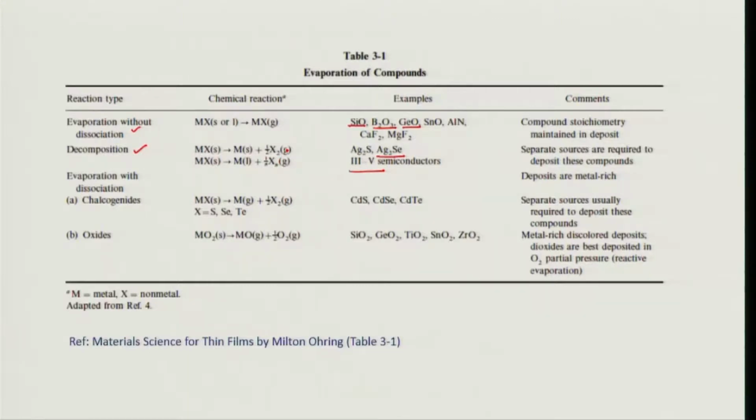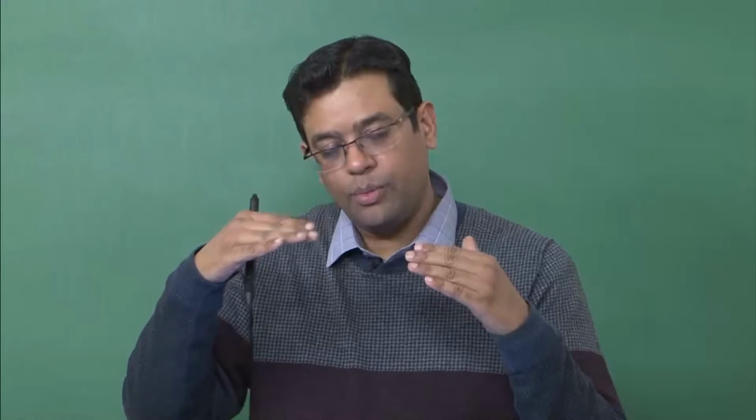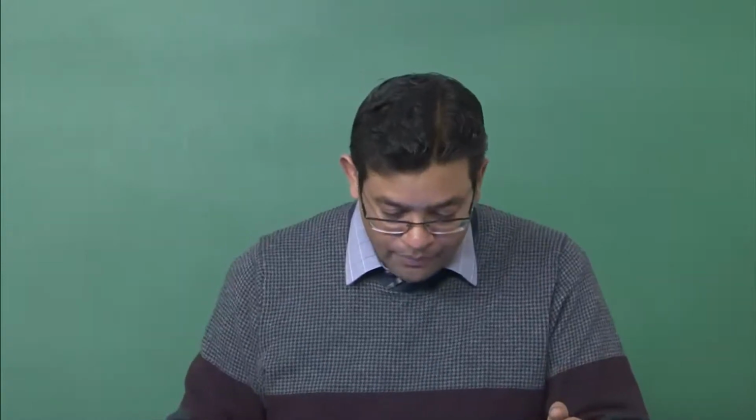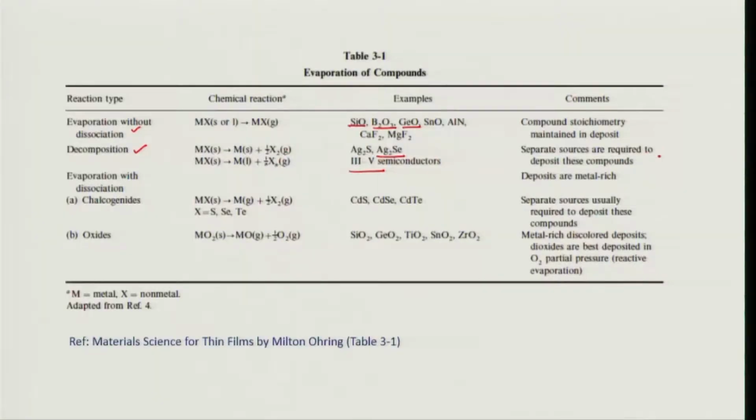So, the gas part is separate and the solid part is separate, and both have different evaporation rates. Okay. So, you will not get the deposition on your substrate as you want it, because they are dissociating. Okay. So, you can use separate sources for these two materials. Suppose you use a separate source for gold and another one for sulfur.